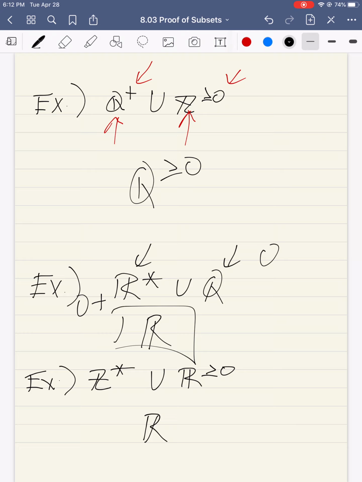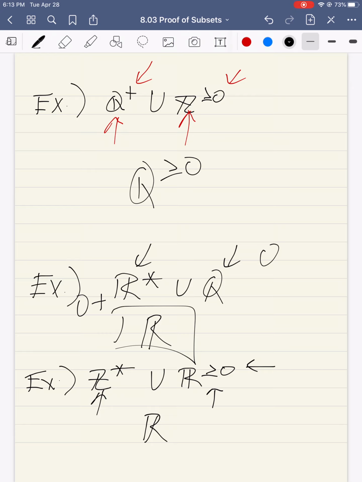And then here, 0 is included, and then all the positives, but here 0 is not included, as well as positive and negative numbers. So somehow I need to capture negative integers, but over here I don't have any negative reals.